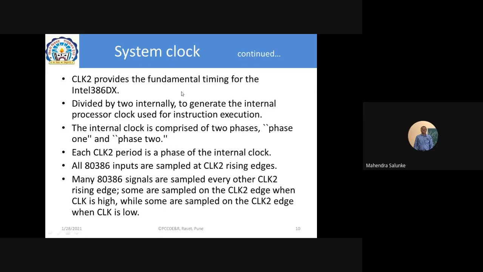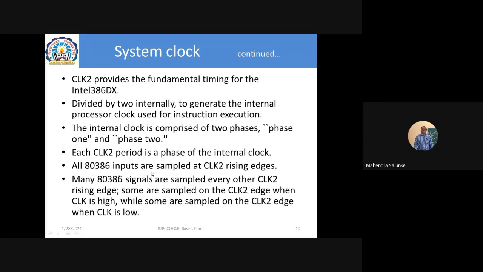CLK2 provides the fundamental timing of your processor, and is divided by 2 internally to generate the internal processor clock, which is used for instruction execution. The internal clock comprises two phases, phase 1 and phase 2 of your CLK2. As shown in the diagram, each CLK2 period is a phase of the internal clock.